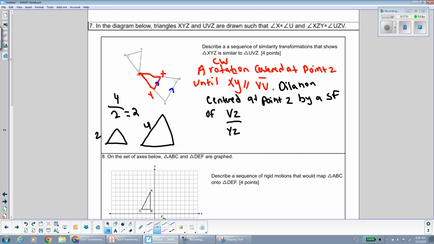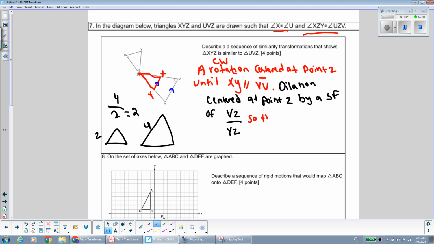Another way that you can describe it is you can say dilate until the angles match up, just like it says in the question. Until angle X matches up to angle U, and until angle XYZ matches up to angle UVZ. I'm going to include that as well to make my answer super complete.